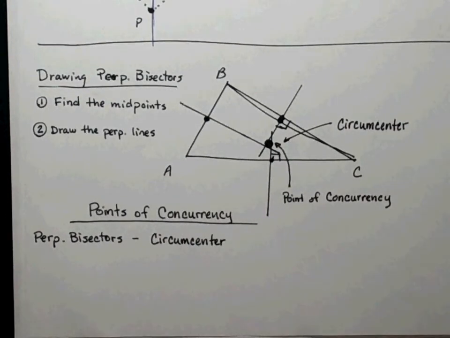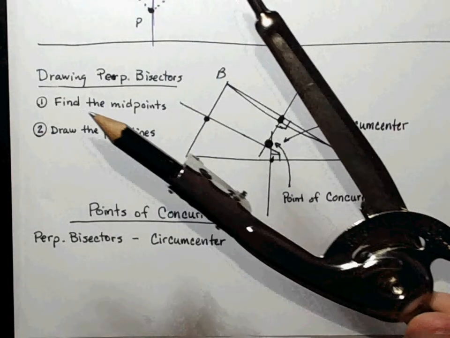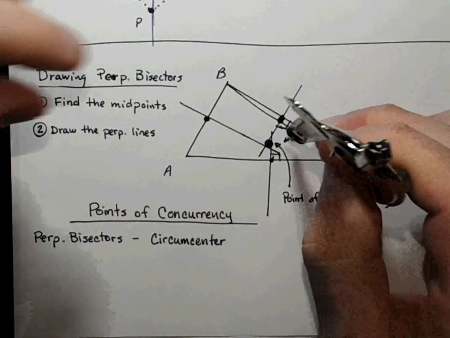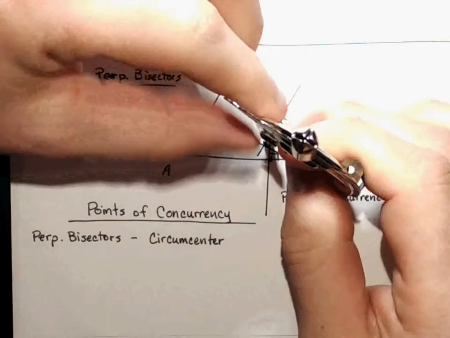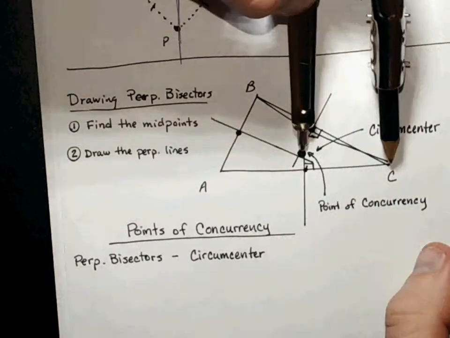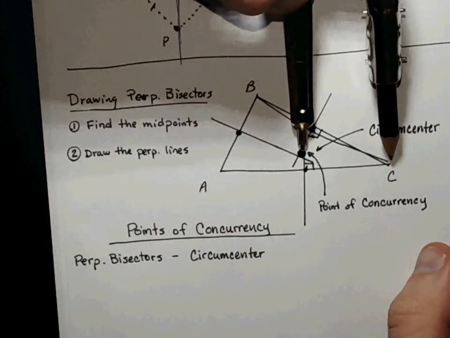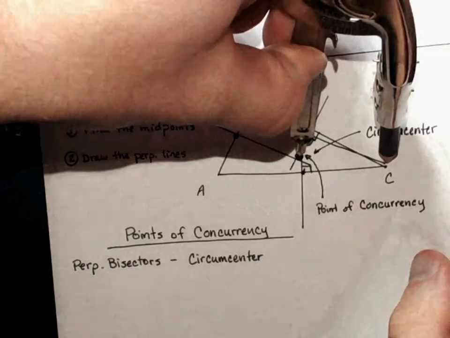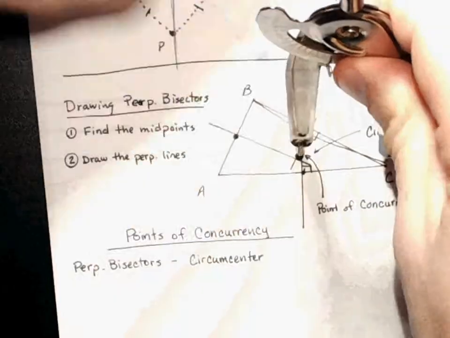Now, if I was to take a compass like this, and I put the needle there, and I put my pencil on the end, on one of the vertices of the triangle, and I draw a circle.